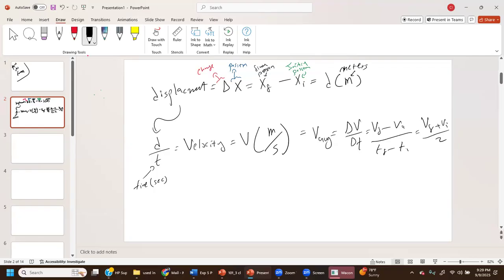Now we took this velocity and we used it over some amount of time. So for velocity, you were at one point of distance at one point of time, and you become a different point of distance at a different point of time. You take this velocity and you divide it by this time, and that's where you get your acceleration.